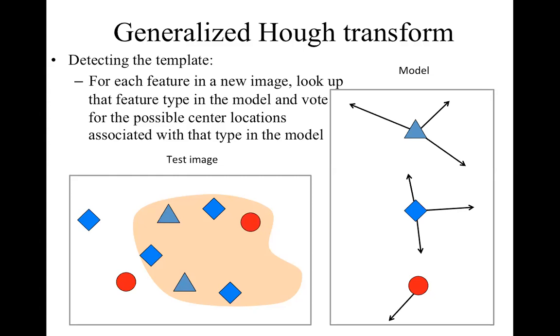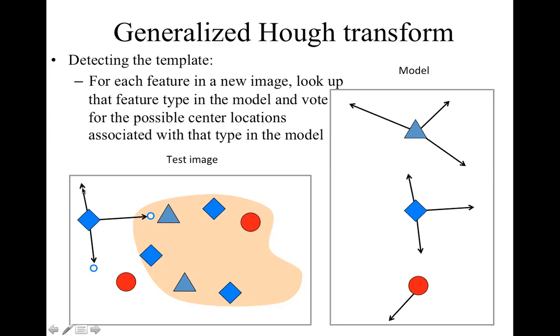For example, if you want to detect squares, you detect corners, and then you go through your database and see that each corner will point to the center of your object. Here you have detected this diamond. You go through your database and apply these 3 displacement vectors. So this diamond landmark point will vote for 3 possible locations of the center.